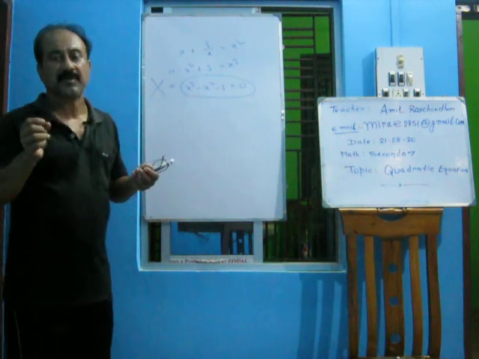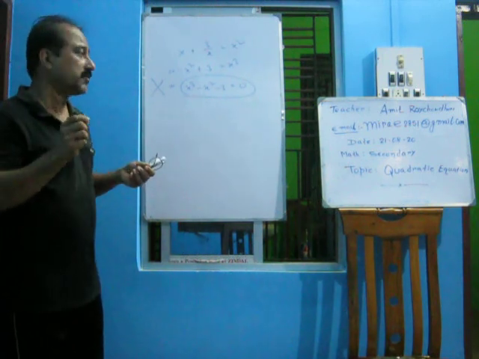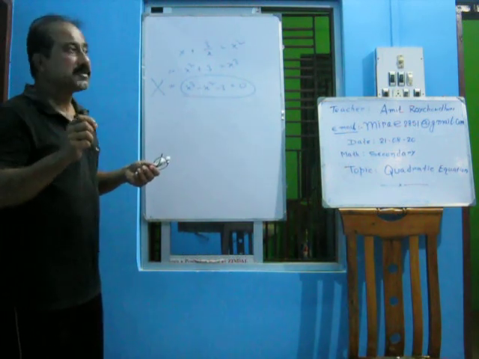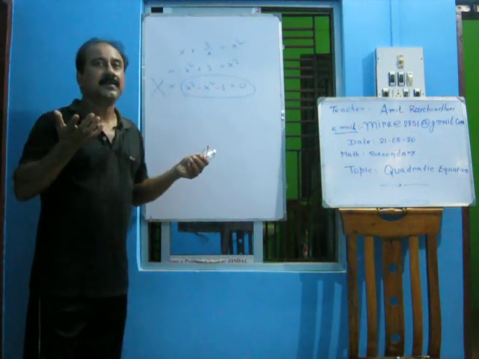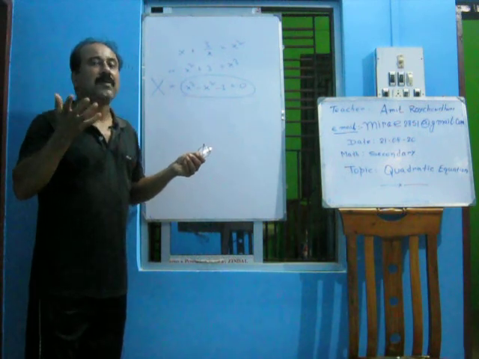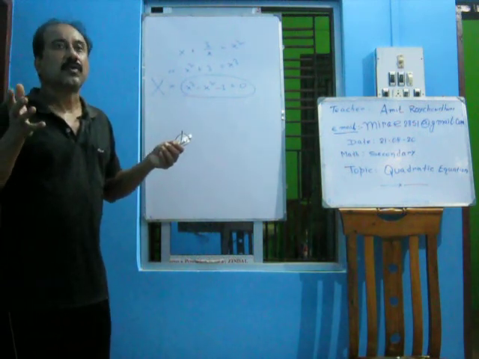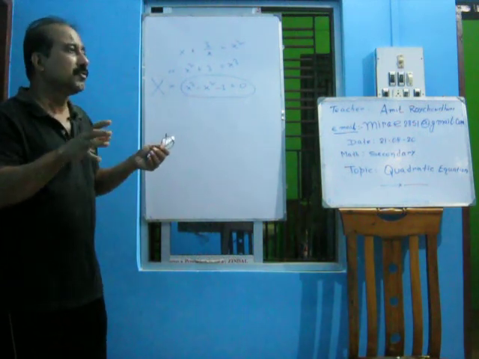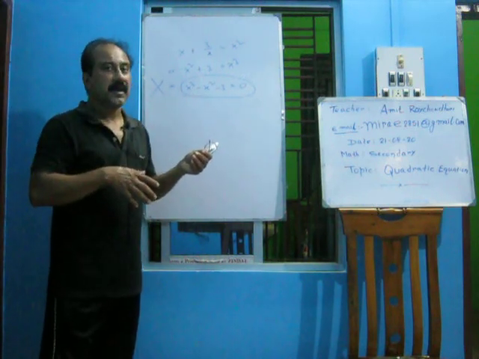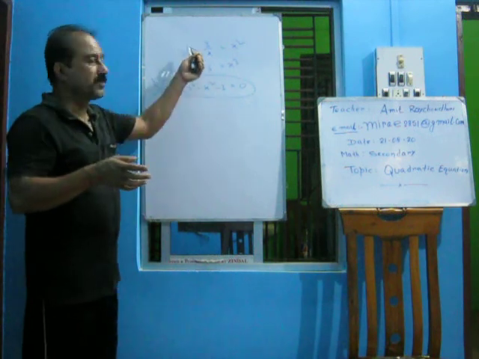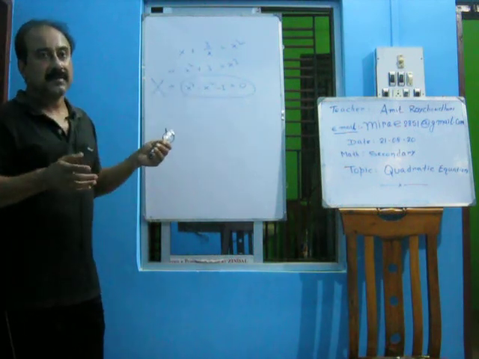But the derivation I have not done, so you have not seen it; directly I have written the formula. And again, if the roots alpha and beta are given to you, how can I get the equation from it? It is also explained here.